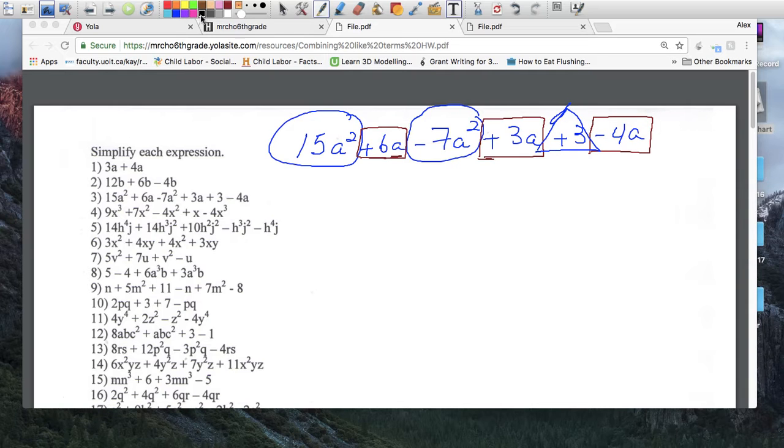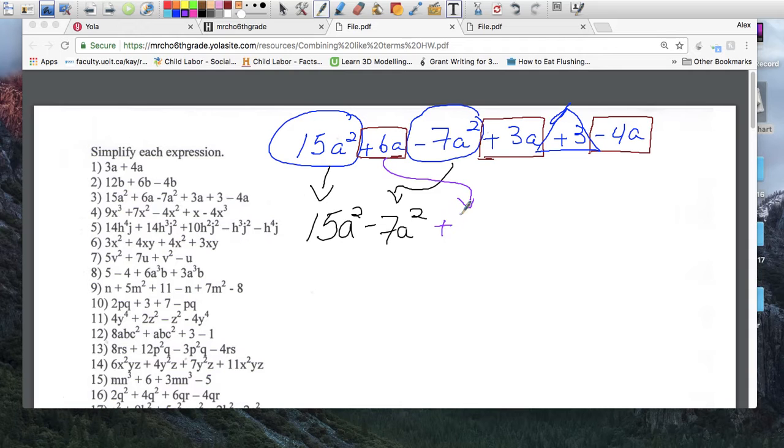Now I would like you to move things around. So let's start with the 15a squared. Anything that's a squared, I'm going to put together. So I'll move this guy next to that, including that subtraction sign, minus 7a to the second power. And then we'll do the a's. So let me move that 6a over here. That's going to be our third piece.